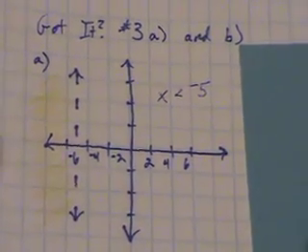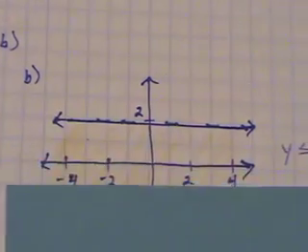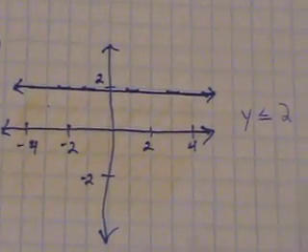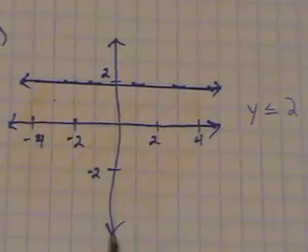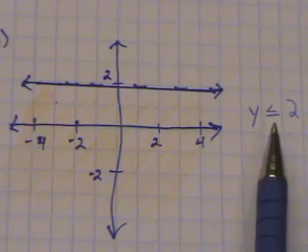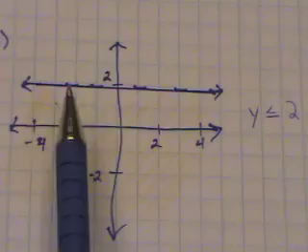Let's take a look at letter B. I know you were waiting for that with great anticipation. Uh-oh, I must not have been using a ruler. Y is less than or equal to 2. So less than or equal to means that our boundary line will be solid.